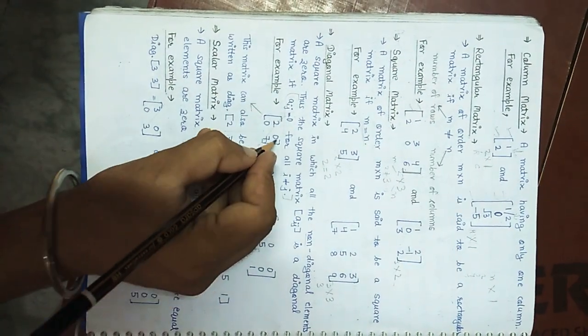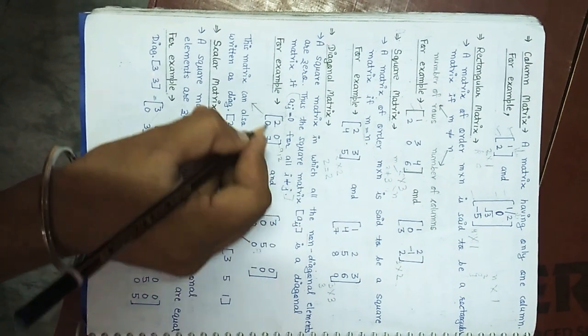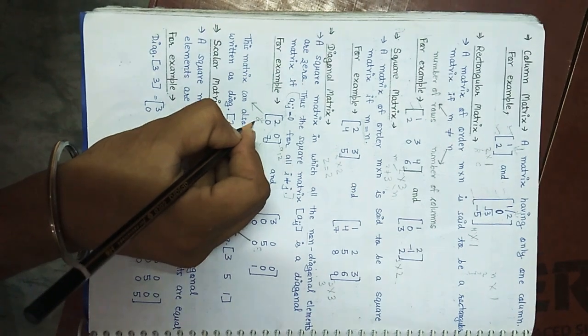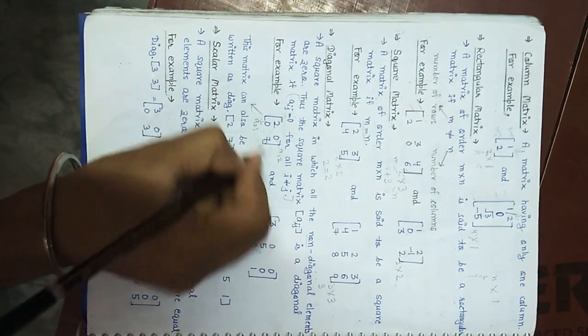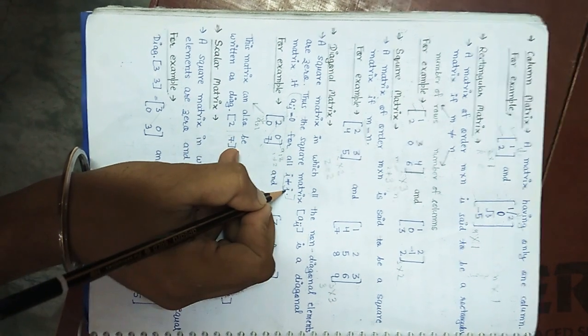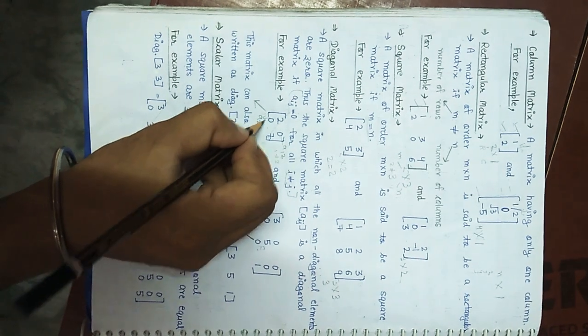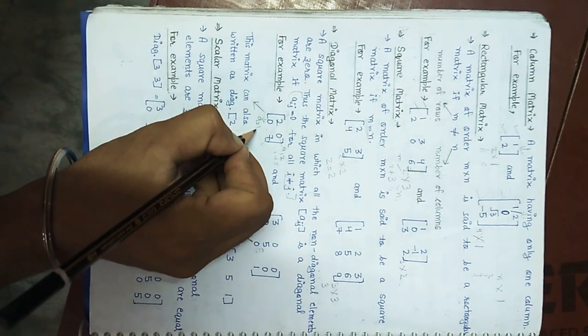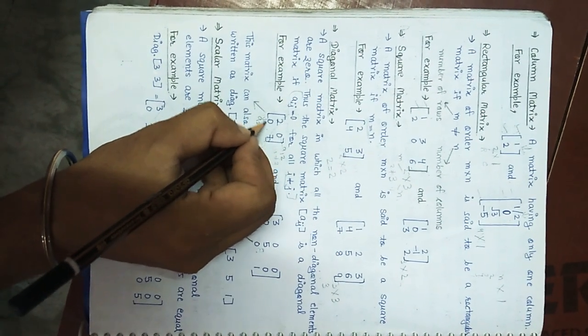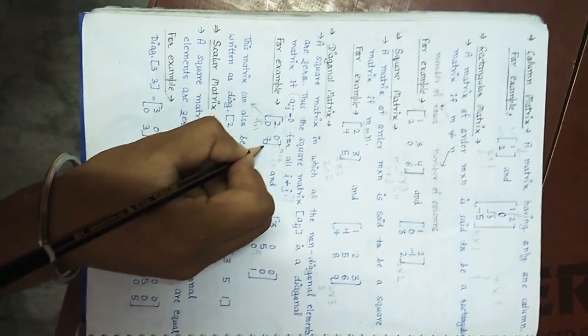For example, this element is a12, first row second column, and this element is a21. In this case i is not equal to j, 1 is not equal to 2, therefore this element is 0. Also a21, 2 is not equal to 1, hence the element is also 0, but the diagonal elements are non-zero.